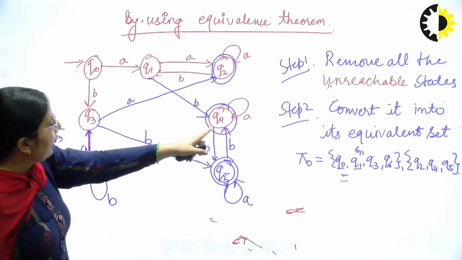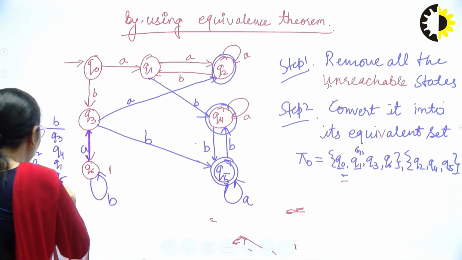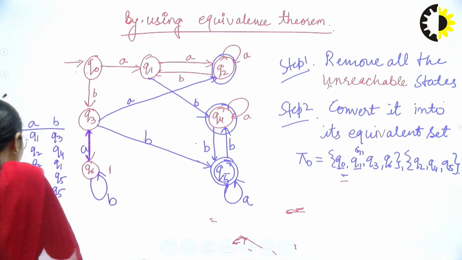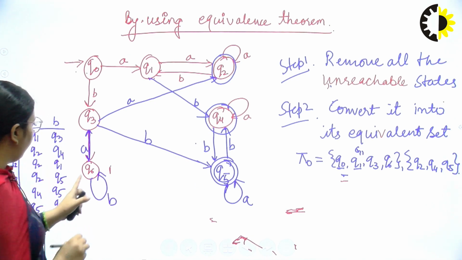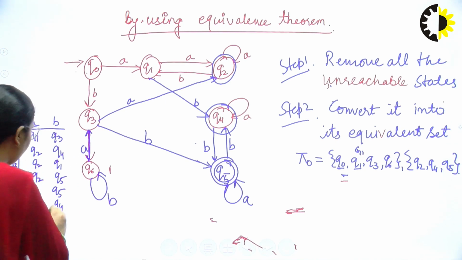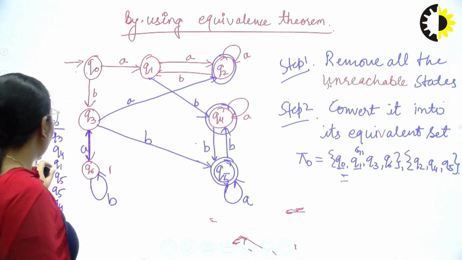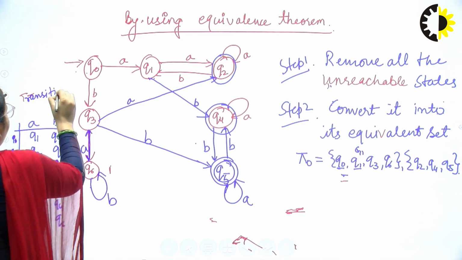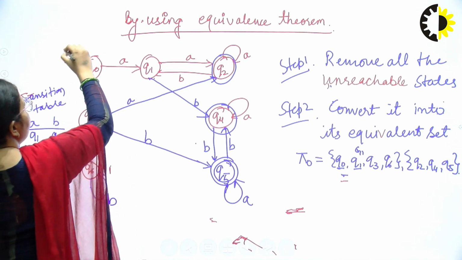For Q4, A goes to Q4 and B goes to Q5. For state Q5, for A, it is a self loop, and for B, it goes to Q4. Now, for Q6, A goes to Q3 and B goes to Q6. So, this is the transition table, and this one is the transition diagram.